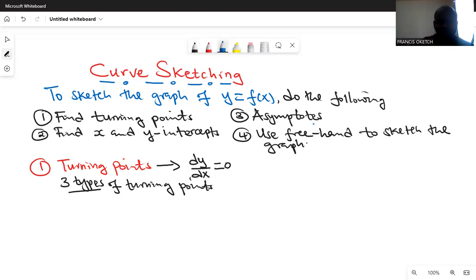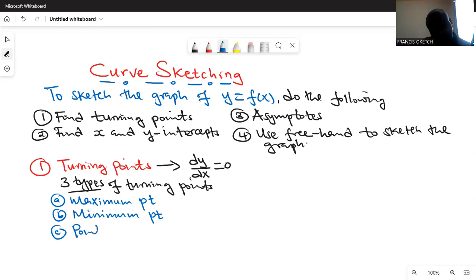The first one is the maximum point. Another one is the minimum point. And the last one is a point of inflection.